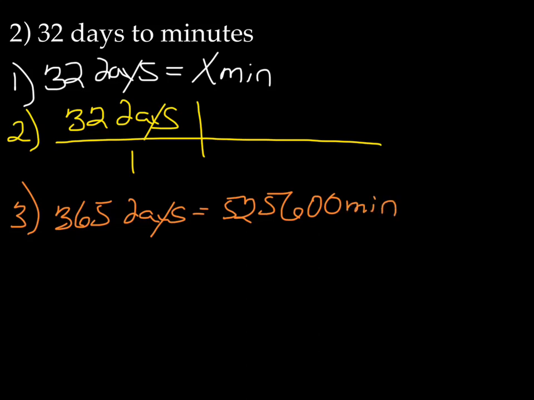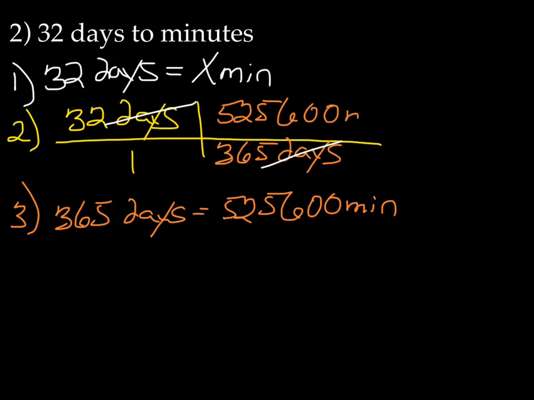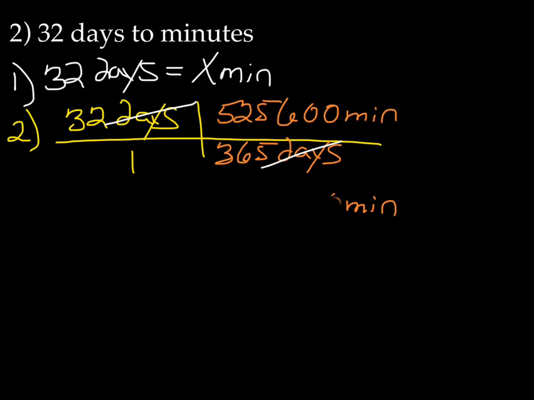Now these two numbers need to go into our grid, and I'm going to put 365 days at the bottom so that days crosses out with days. And the top is going to be 525600 minutes. And I'm now going to get rid of this stuff, get it out of my way.